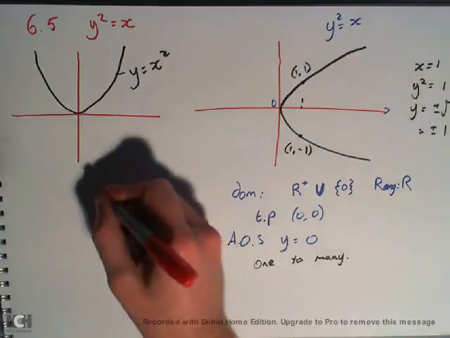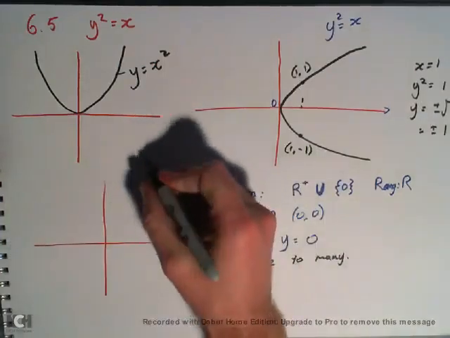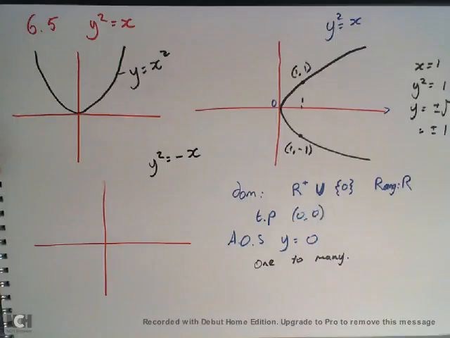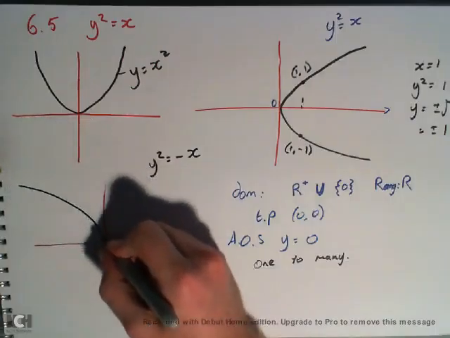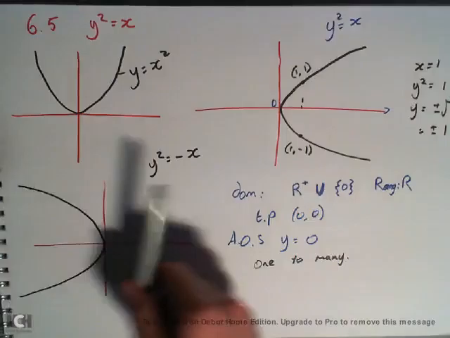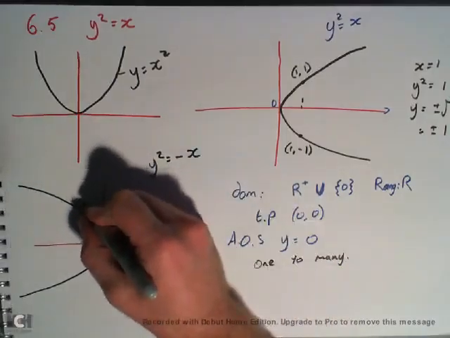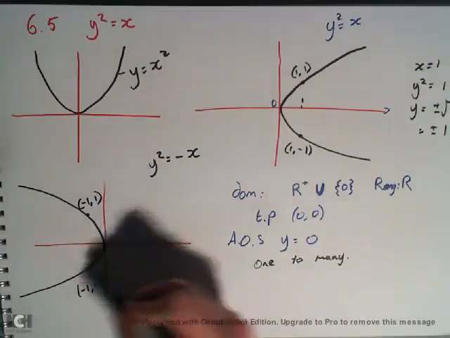Now, y squared equals negative x. It's going to be pretty much the same thing, except now we go this way. A reflection in the y-axis. And you're going to get a point here at minus 1, positive 1, here at minus 1, negative 1.